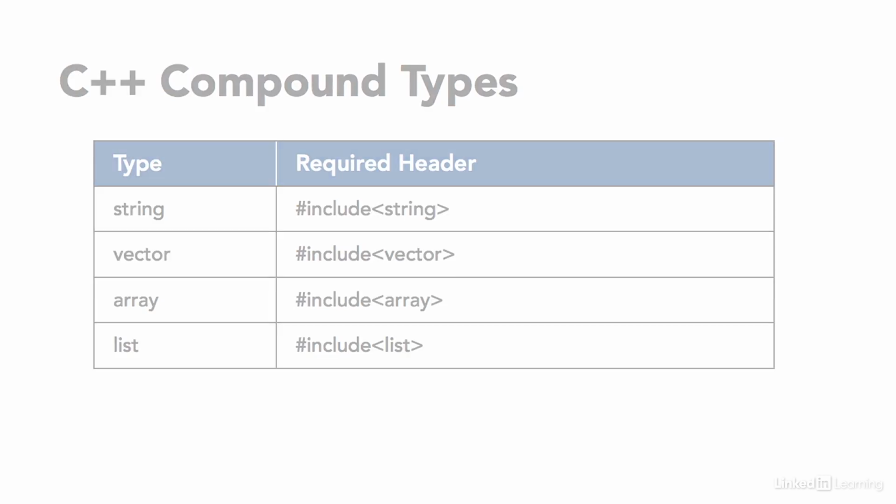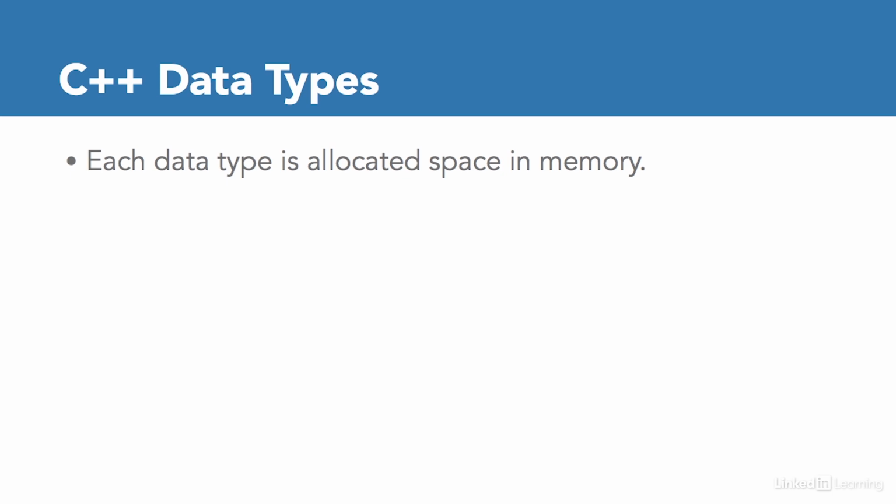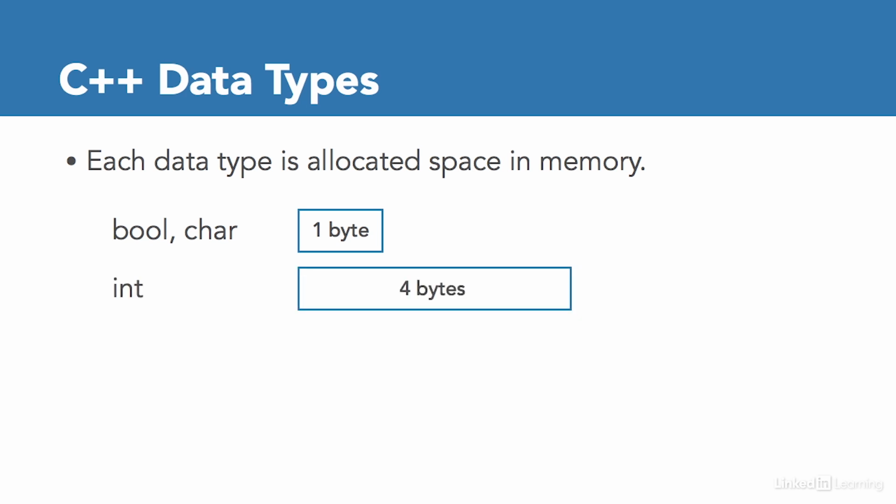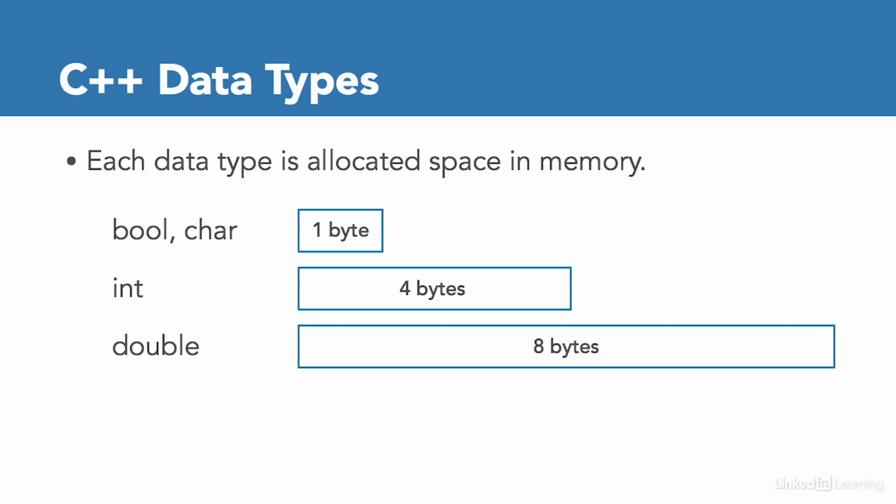course. Each data type allocates a certain amount of memory to hold the values based on their fundamental data type. For example, both bool and char are allocated only 1 byte of memory. Int is the next largest, and that has 4 bytes of memory. And double actually has 8 bytes because it needs to include that extra precision.